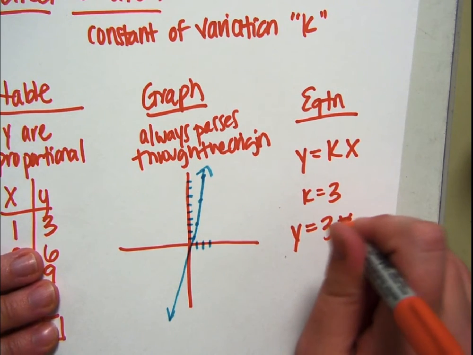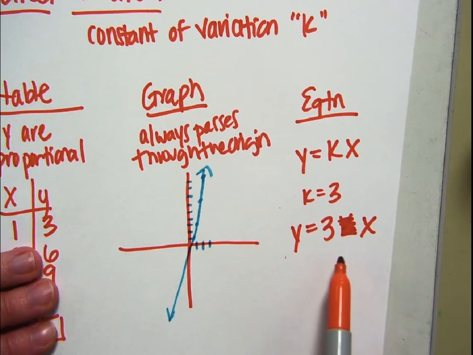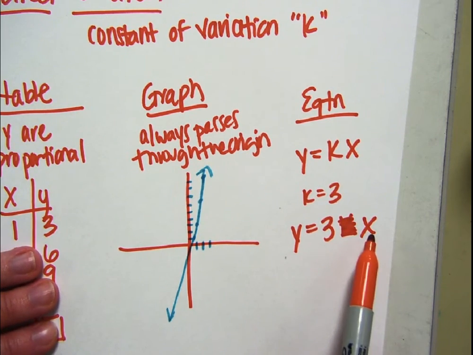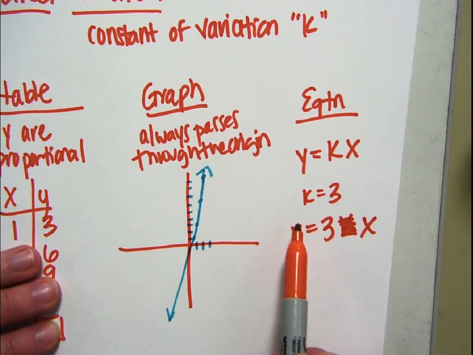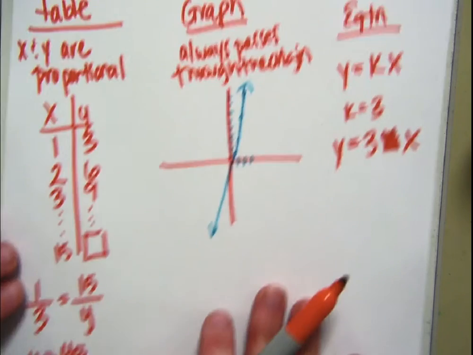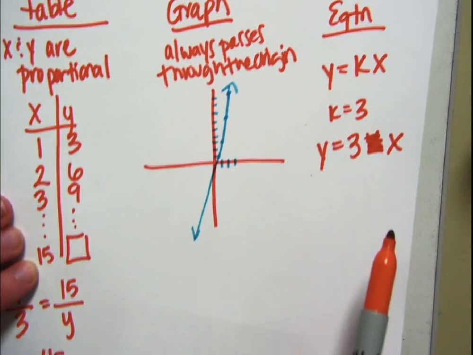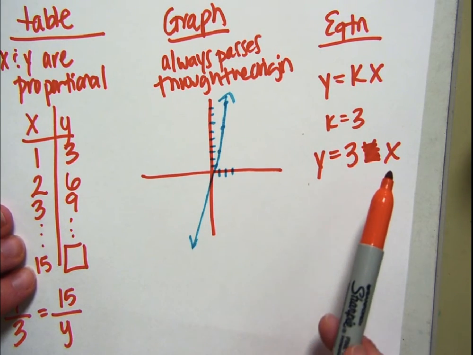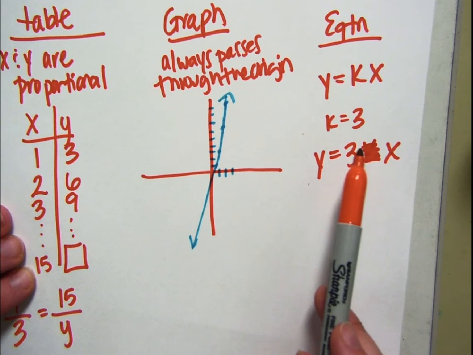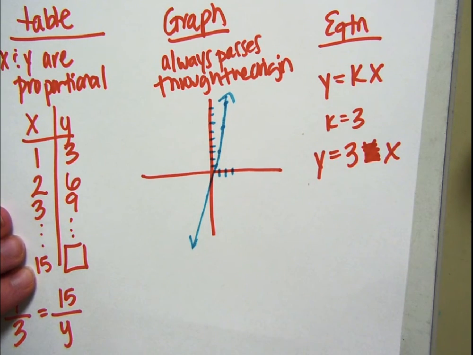So we can always say that if you take whatever the x value is and multiply it by 3, it will find you that output or that proportion. So that could have worked here as well: instead of setting up a proportion, we could have written an equation by finding the constant of variation. And then from there, saying our x is 15, if we multiply it by 3, that should produce that missing y value, which is 45.